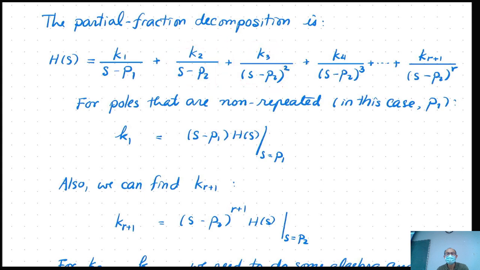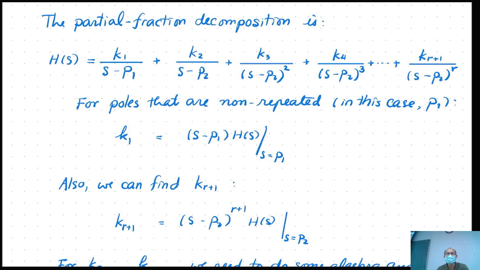So what you have to do is square it, and for the third term you cube it, and so on up to the last term, the r-th power, and you add them together. The first term is the one associated with the pole that is distinct from the rest.